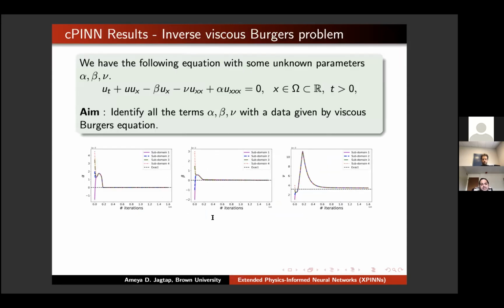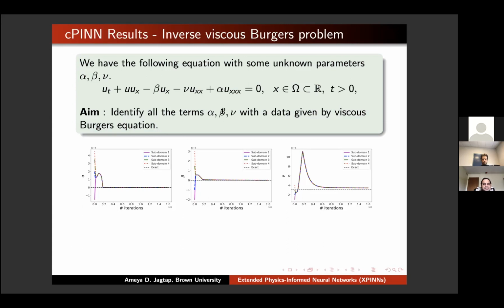Okay, so next we are solving the inverse problem. So we have the following equation here, with unknown parameters. Here beta is the wave speed, nu is the diffusion coefficient, and alpha is the dispersion coefficient. So these three parameters are unknown, and our aim is to identify them using the viscous Burgers equation.